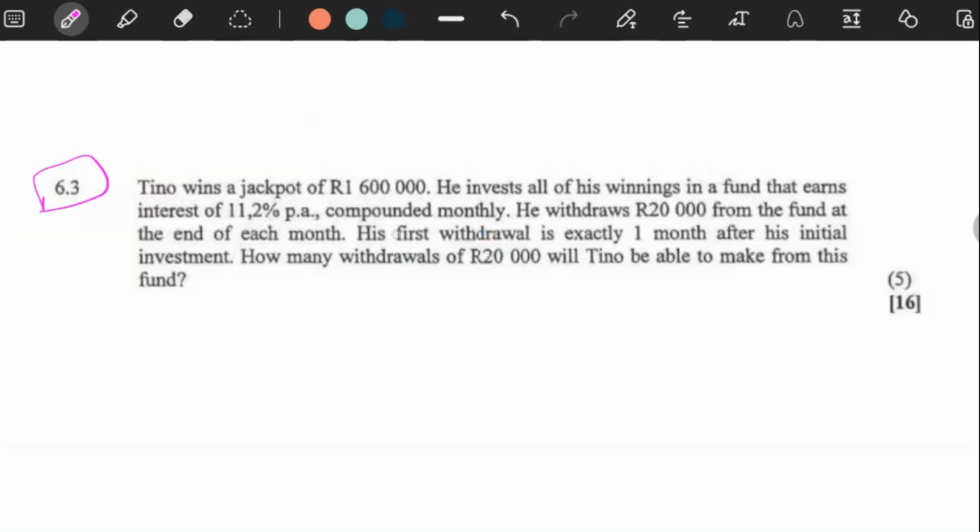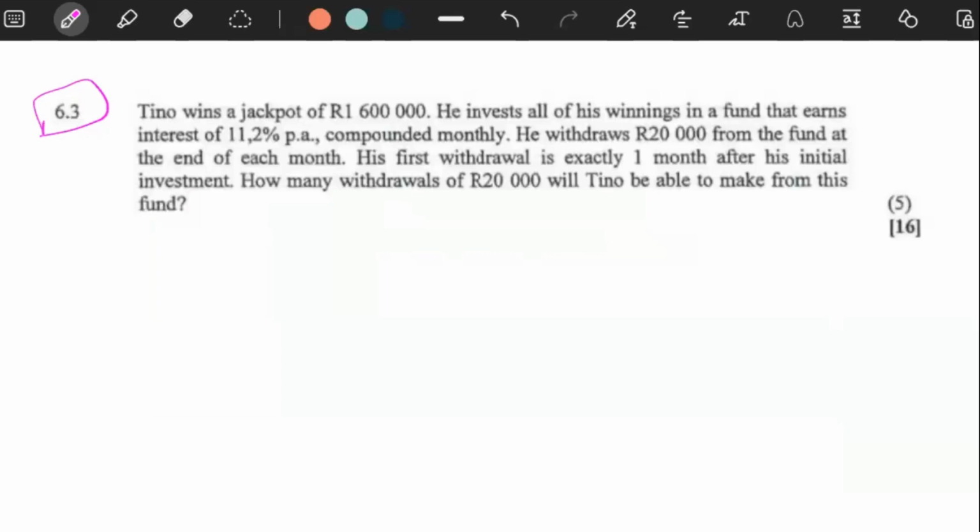And then it says here, he invests all of his winnings in a fund that earns interest of 11.2% per annum, compounded monthly. He withdraws 20,000 from the fund at the end of each month. His first withdrawal is exactly 1 month after his initial investment. How many withdrawals of 20,000 will Tino be able to make from his fund?